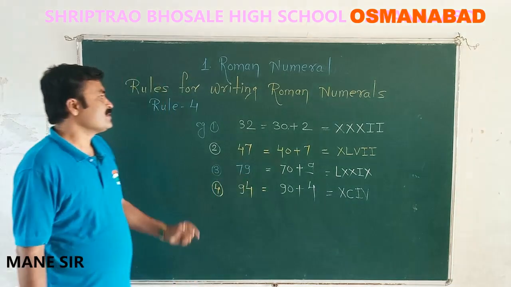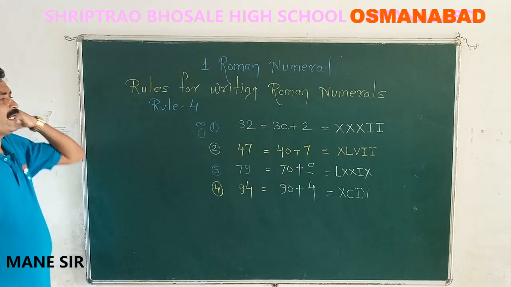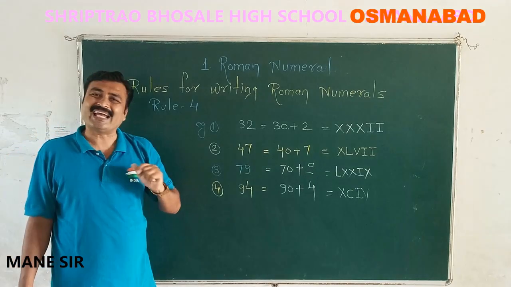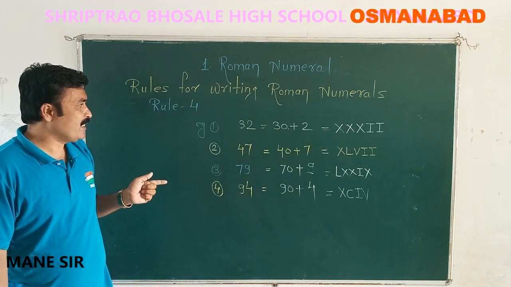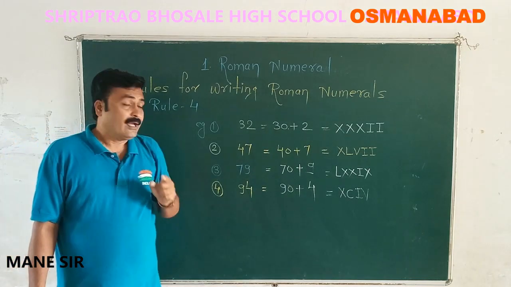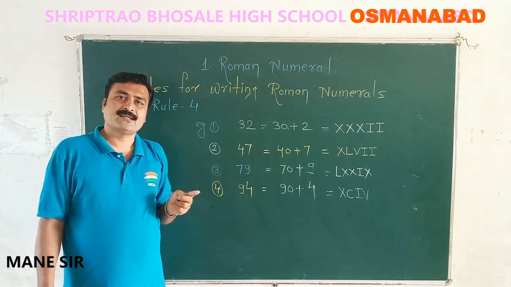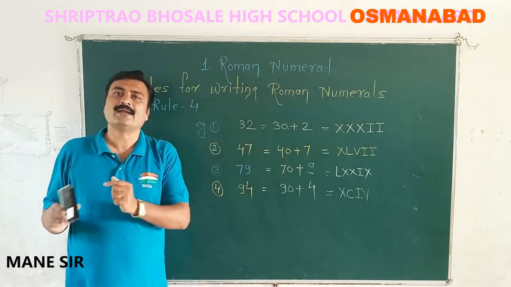So, this is the rule number 4 that we can apply for any number. Now, into this rule number 4, while explaining, here I am taking all 4 examples between 1 to 100.